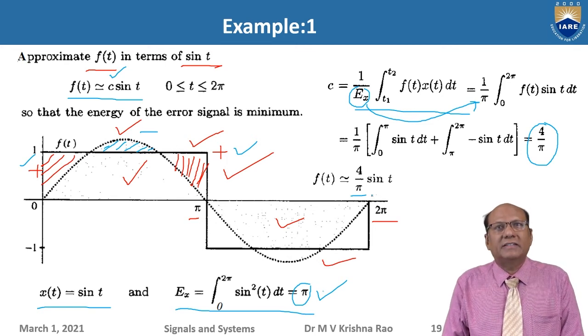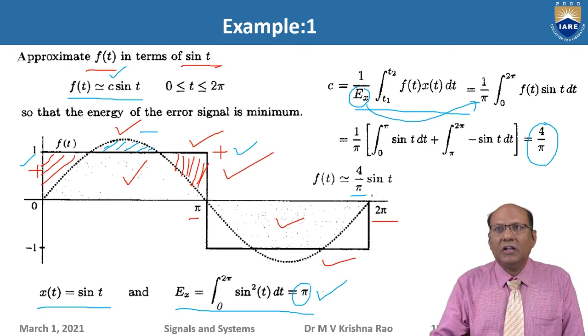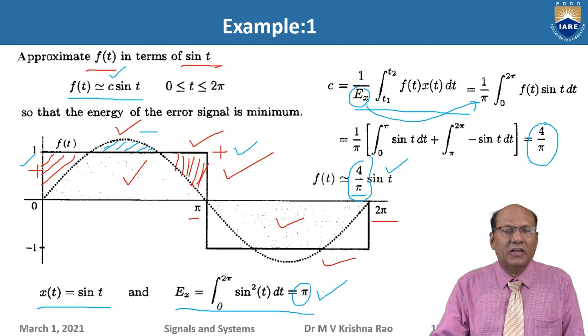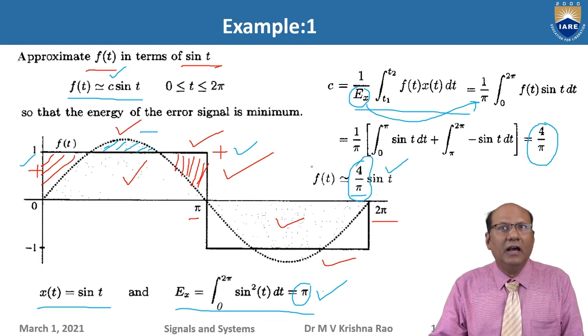So if I take the sine signal and multiply it by 1.36 times, you will get the original signal. Of course, you have some error.